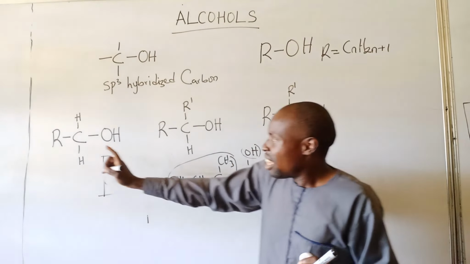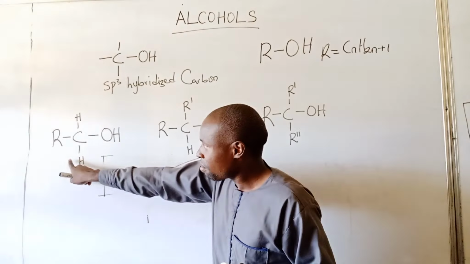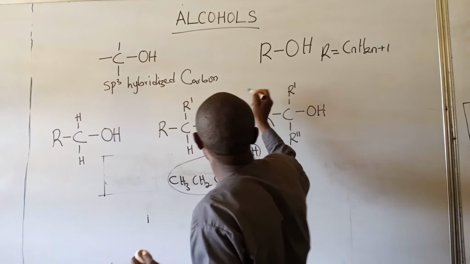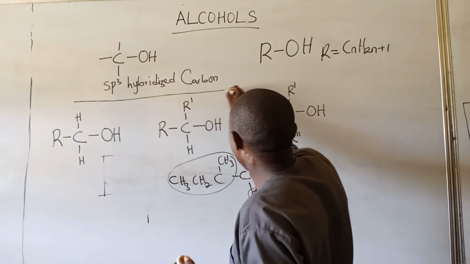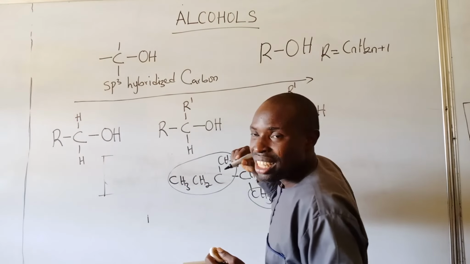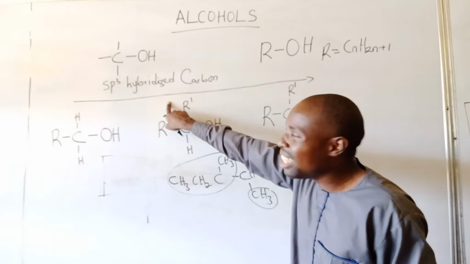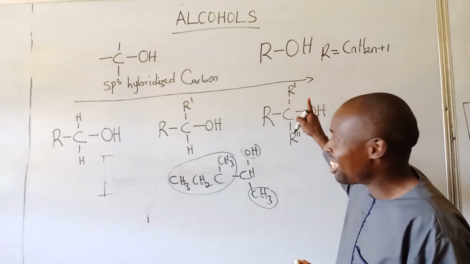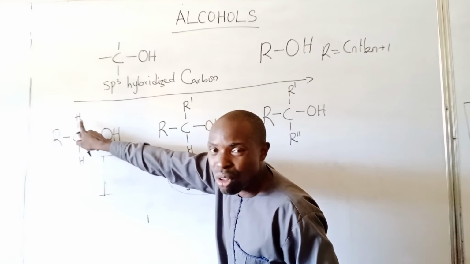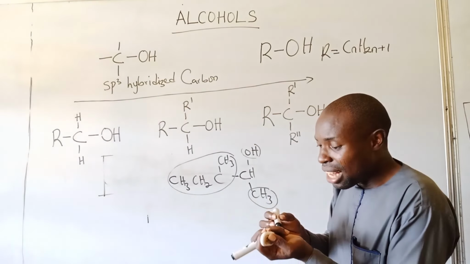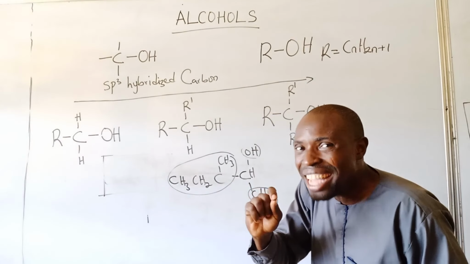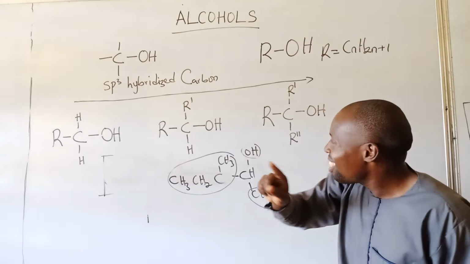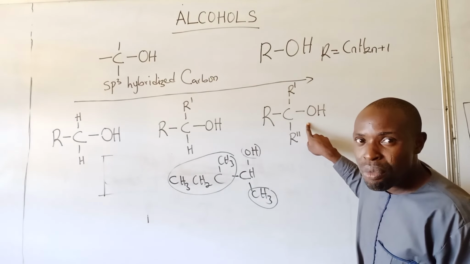As you progress from primary down to secondary, the hydrogen bonding decreases. Take note. It means that hydrogen bonding is high in primary alcohol but least in tertiary alcohol.